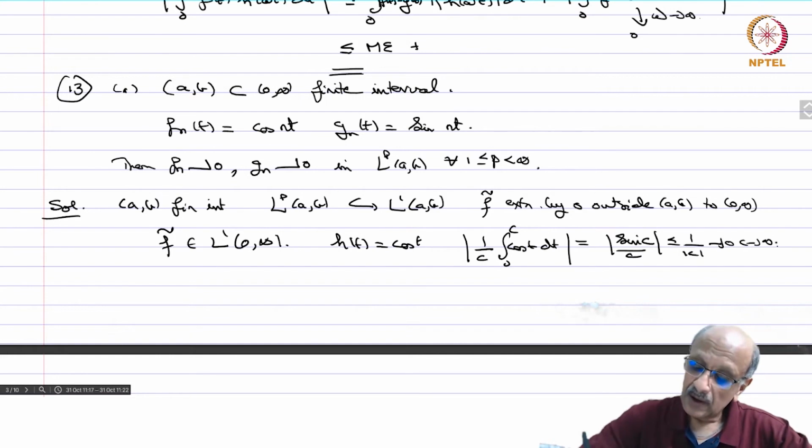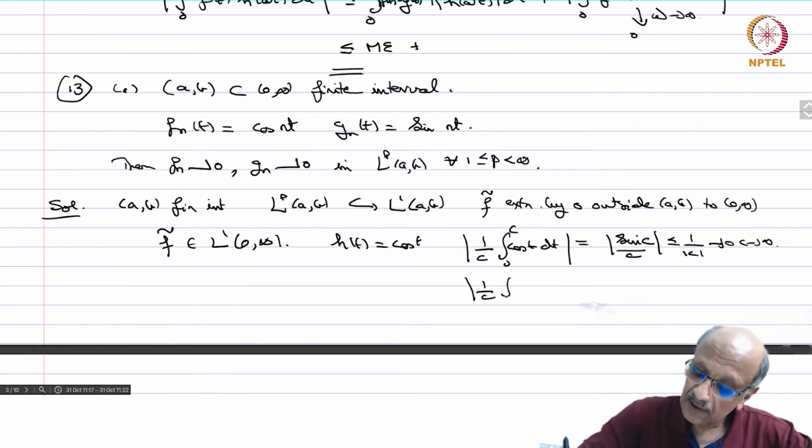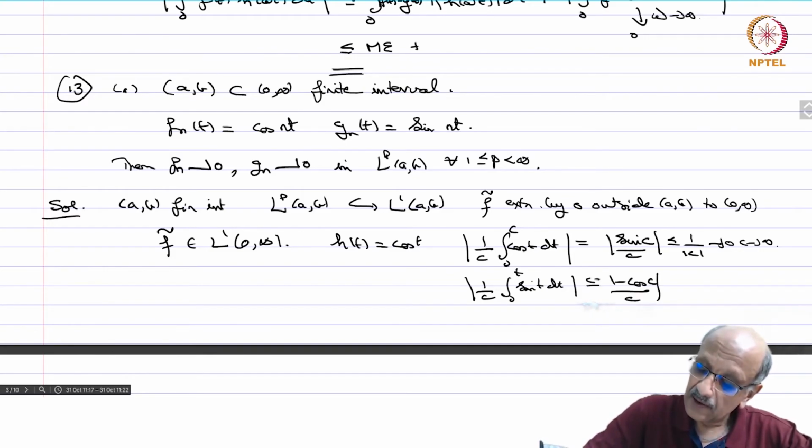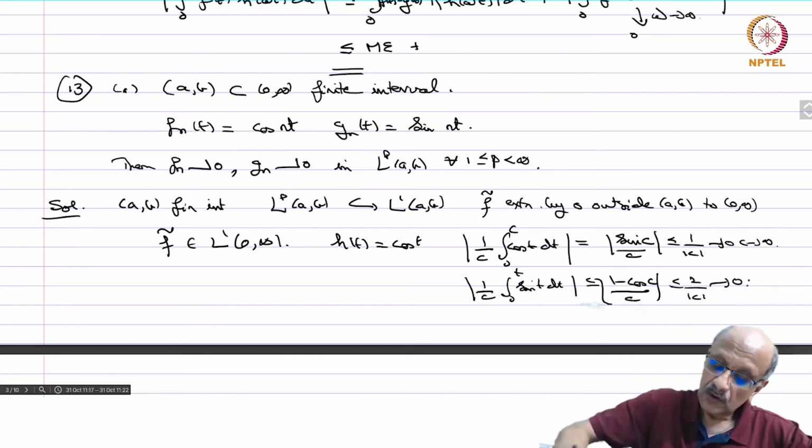Similarly, 1 by c times the integral from 0 to c of sin t dt is nothing but 1 minus cos c by c, and that is less than or equal to 2 by mod c, and again that tends to 0.